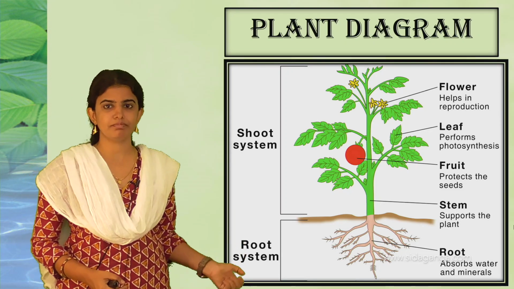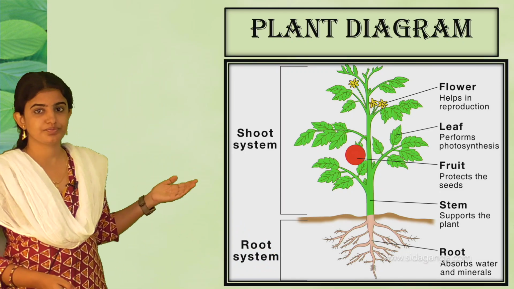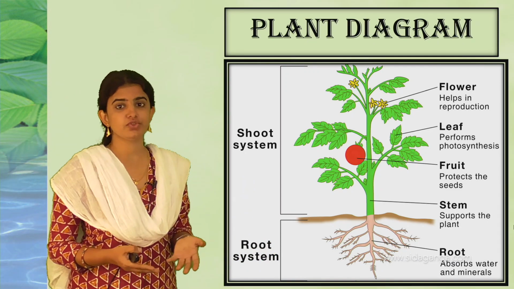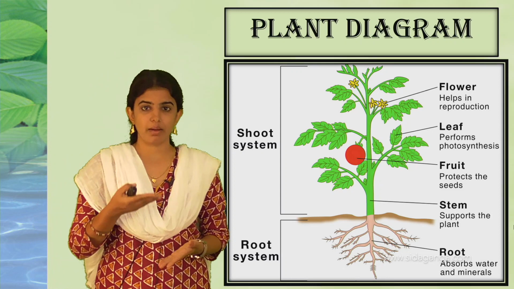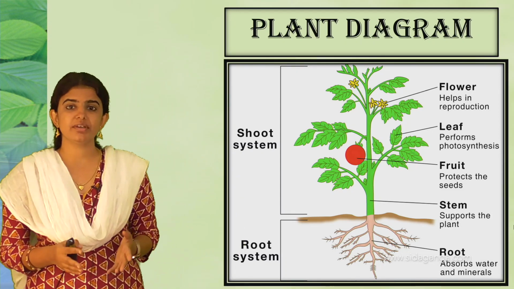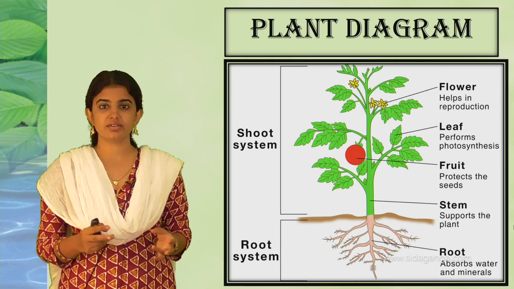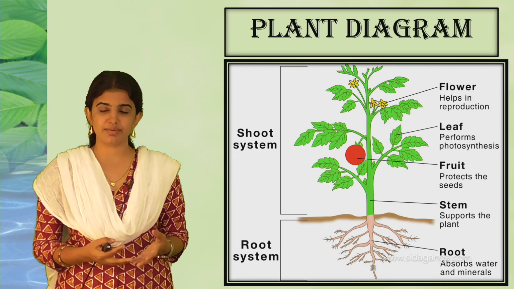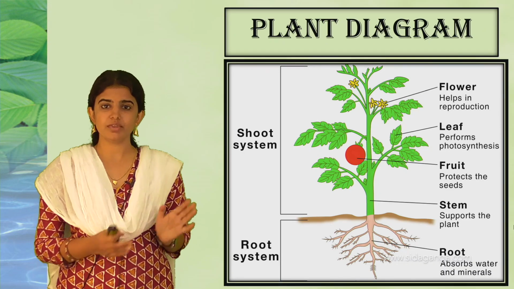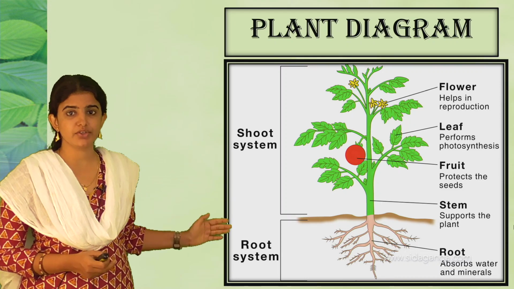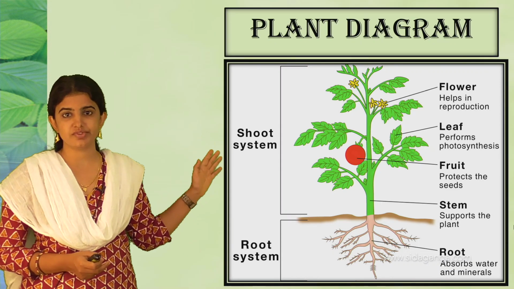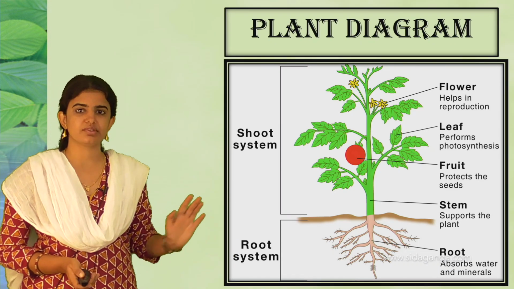The shoot system, usually present above the soil, bears fruits, flowers, branches, leaves, stem, etc. This is how the plant is divided into two main parts: the shoot system and the root system.